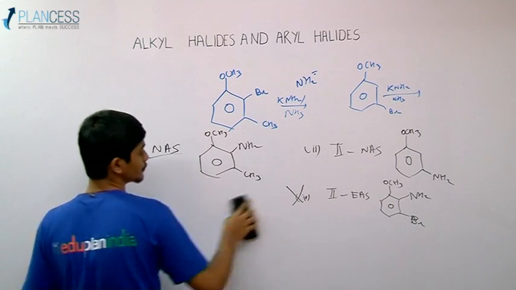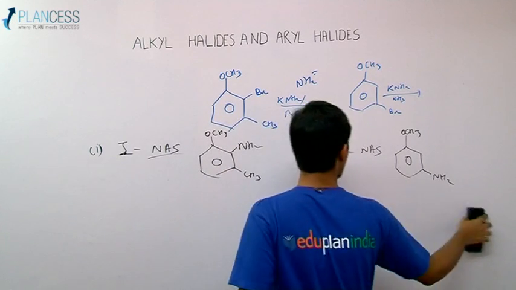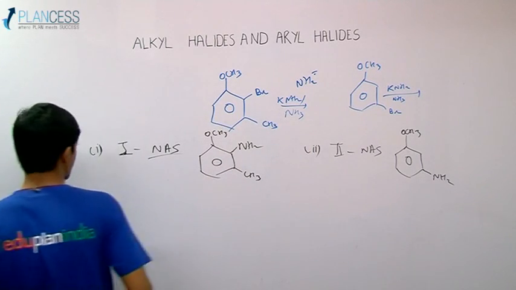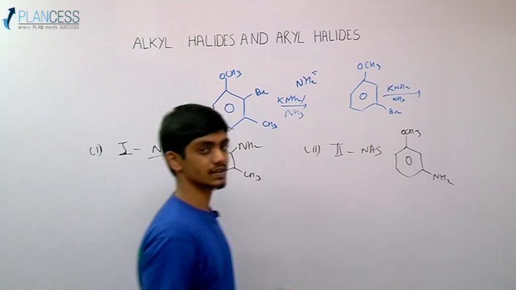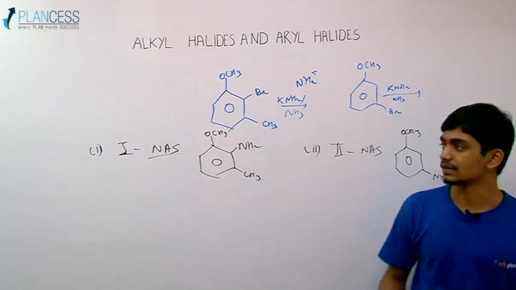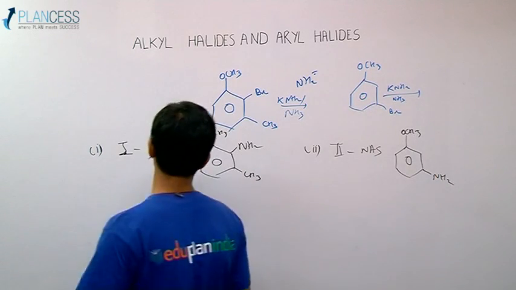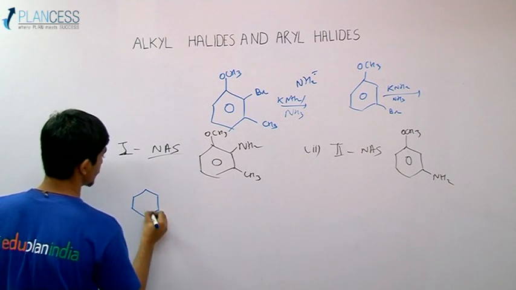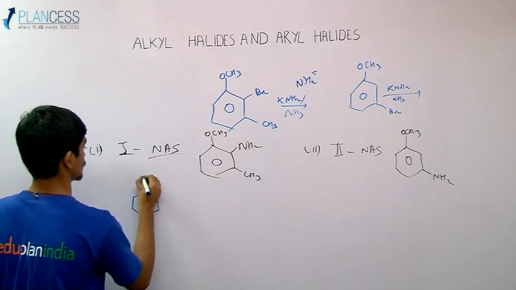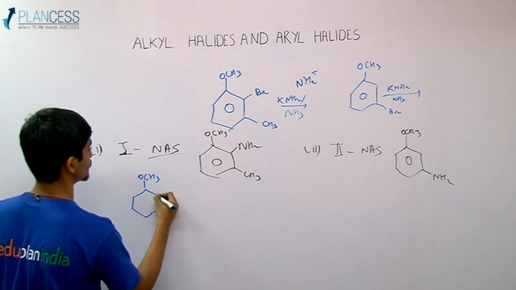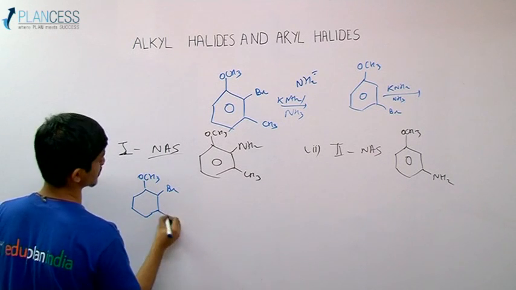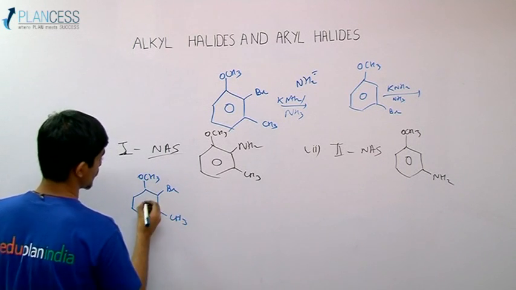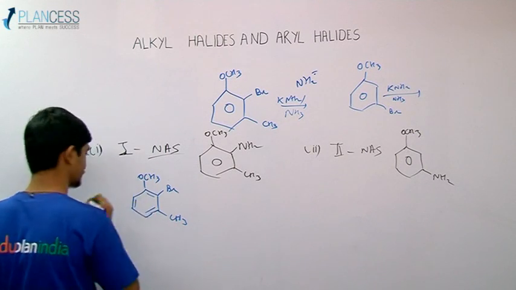Let us see what about the first and the second. Nucleophilic aromatic substitution is very much possible, and we have seen the mechanism of this reaction in the basic lecture. So now let us try to write the mechanism. OCH3, Br, CH3, and we have double bonds this way.